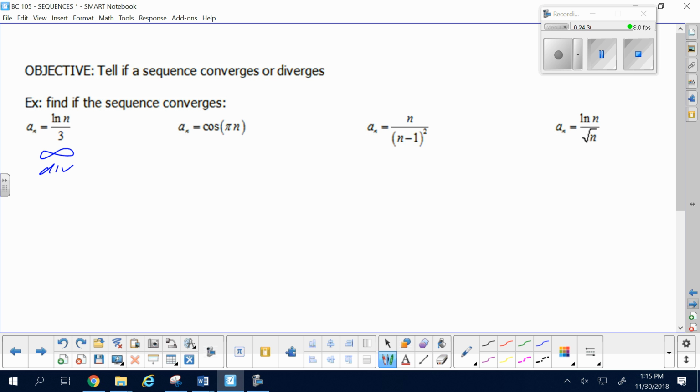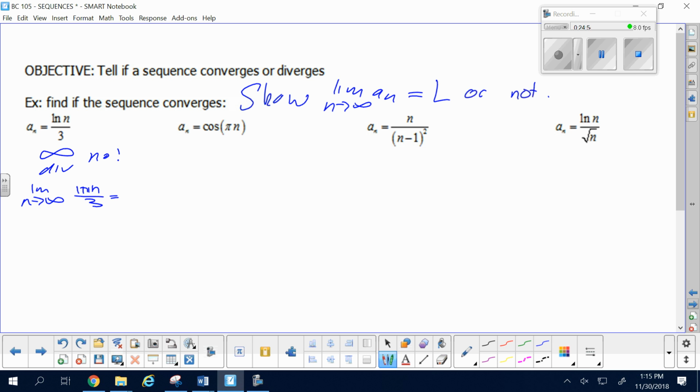You will, to prove this, show the infinite limit equals a number or not. So if I want to say, does that first sequence converge, I take the infinite limit of that.